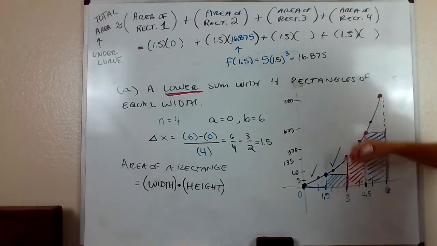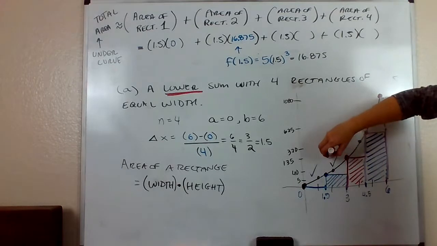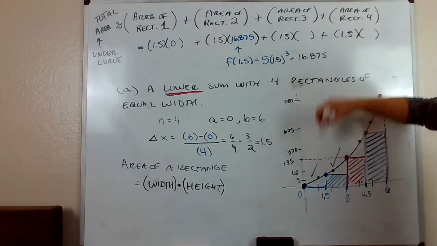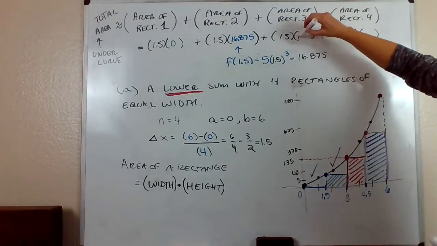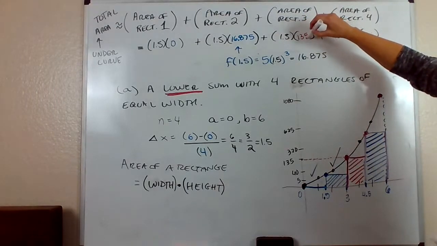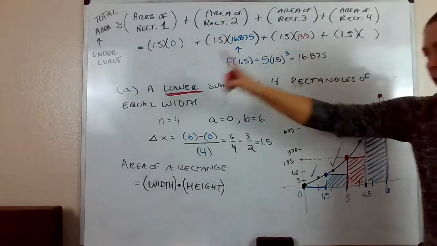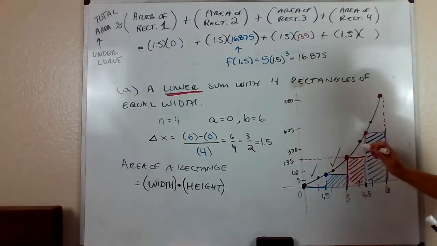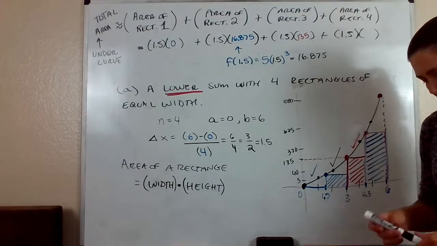But that one was nice. We actually already did that. That was on our side work. So that one we don't have to calculate again. It was 135. So that was 135 from our side work. We had an XY table over there. We had already done this one, so we don't have to do it again. Okay, so that's done.